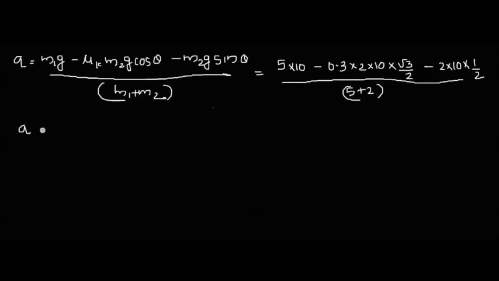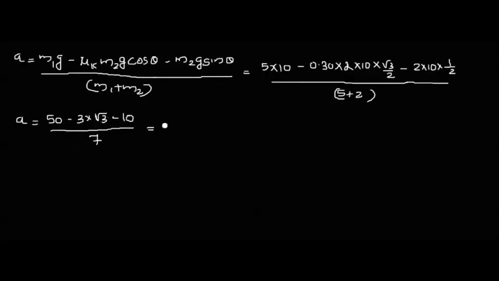So acceleration a is equal to 50 minus, here we can cancel 2 and 2, and we are getting 3 root 3 minus 10, divided by 7. So this is equal to 50 minus 3 into the value of root 3, 1.732, minus 10, divided by 7. Approximately 5.196.